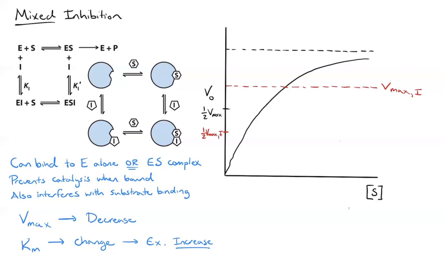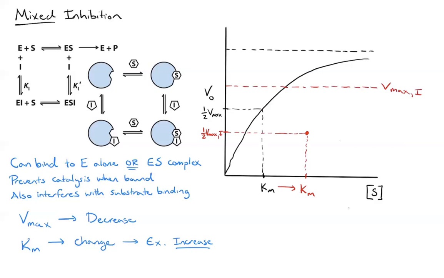And likewise, we can read across the graph to where our original Km was on our x-axis here. And this time, what I'm saying is my example of a mixed inhibitor that I'm going to show you here is where Km is increasing. And so if our new Km is further out here, I have to get my graph to go through this intersection point that I'm highlighting on the graph now.